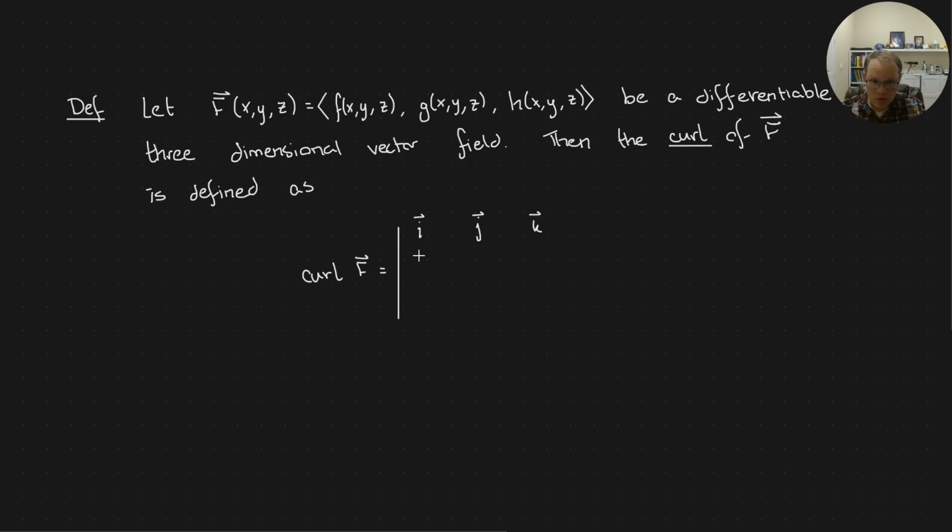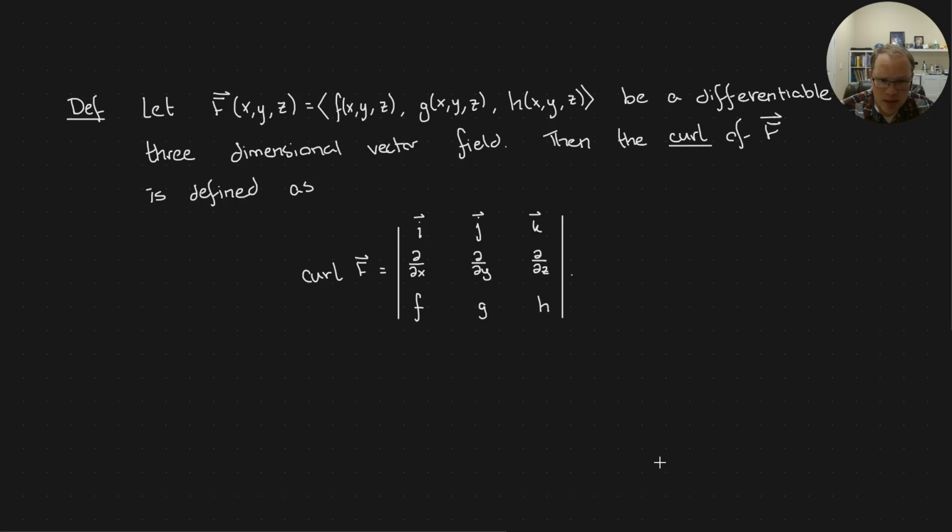The second row is our vector of partial derivatives, partial x, partial y, partial z. And our third row is the components of the vector field, f, g, and h.